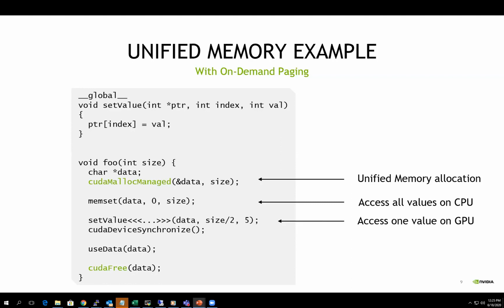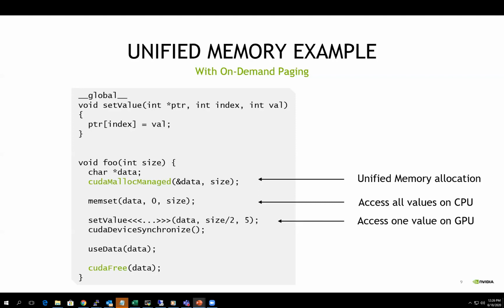This is an ordinary host code call, and that call will be able to access all of the data that's referred to by the allocation, by the data pointer. That will be able to access it all as if it were allocated using malloc or some other ordinary host allocator. I can then immediately access all of my values in the kernel.